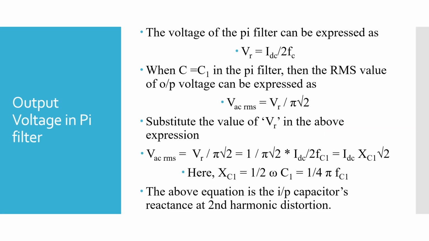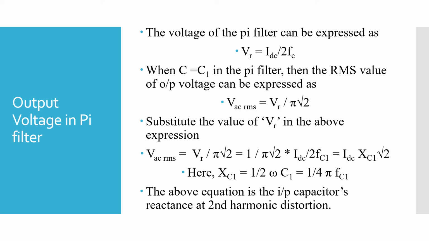So let us see the output voltage in pi filters. Just now we have seen this pi filter offers high voltage gain. However, with the high output voltage, the pi filter voltage regulation is extremely poor.